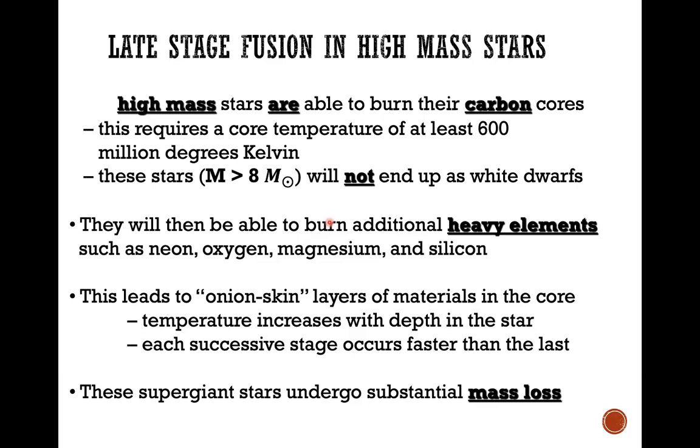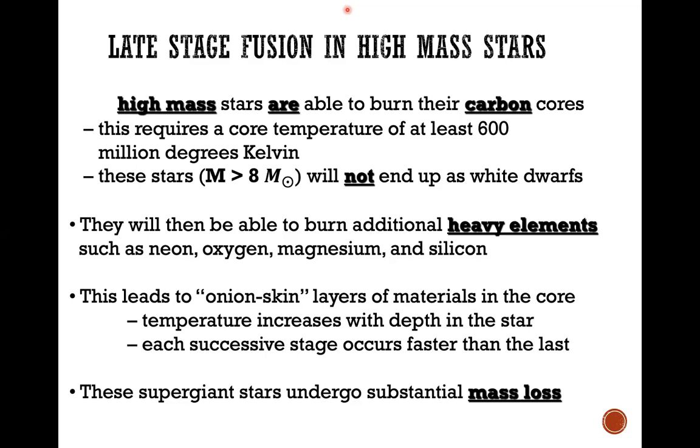But the story for the high mass stars is a bit different, because these high mass stars have enough gravitational power so that they can have higher temperatures at the central region of the star, which will help to make these heavy materials other than carbon as well, right?